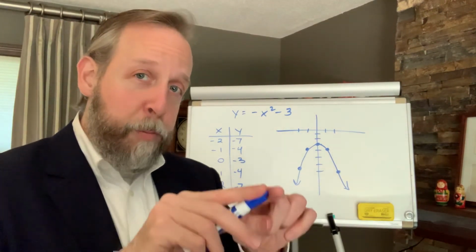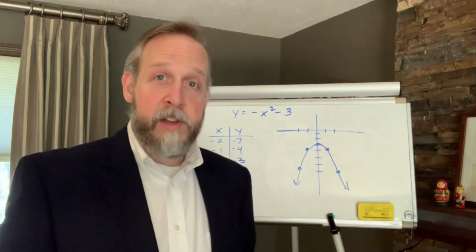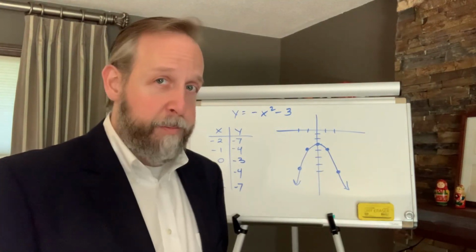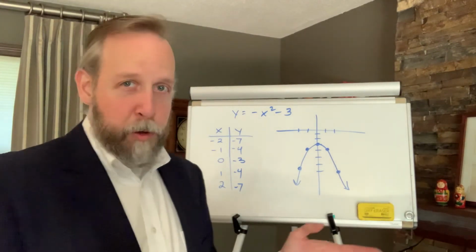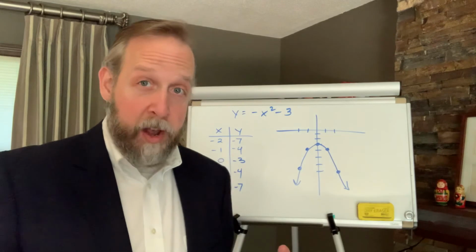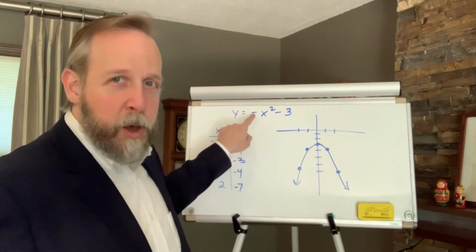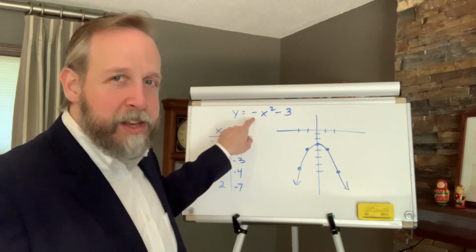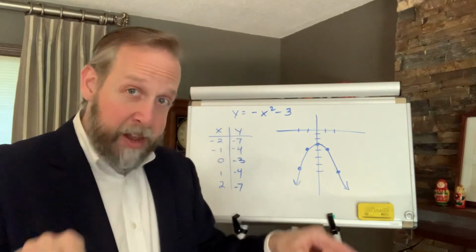This one opened down, so its parabola has a vertex that's a maximum. It opens down for a very specific reason, and you could go back to the previous slide if you'd like to, rewind. It's got to do with that right there. When the equation begins with a negative, it's going to open down.